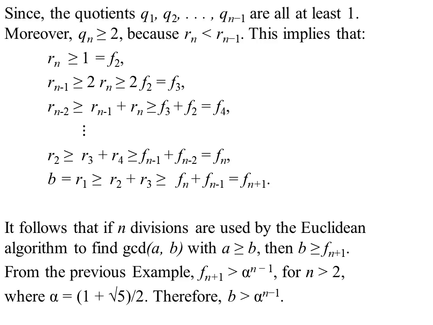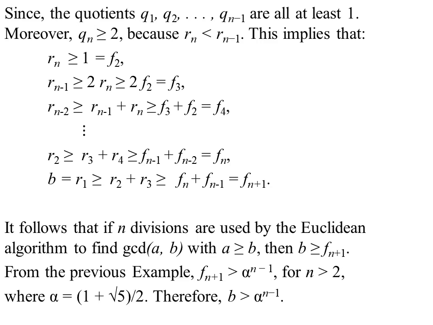So Rn is greater than or equal to F2. Now let us come to Rn minus 1. Rn minus 1 is equal to Rn into Qn. But we have taken the Qn value greater than or equal to 2.